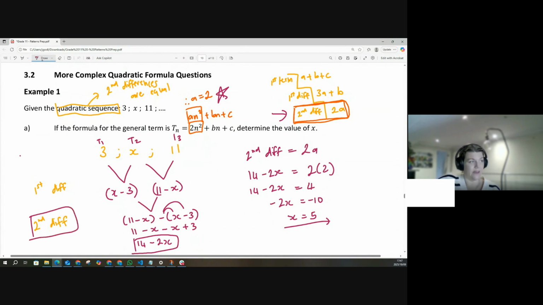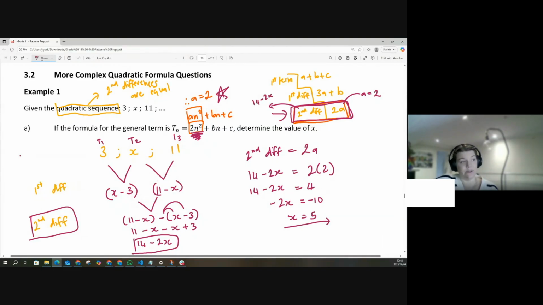I also know, because they told us that a is 2, because of this, I know that when I'm thinking about this, my second difference has to equal 2a. But we know that a is 2. And we know that our second difference is now 14 minus 2x.